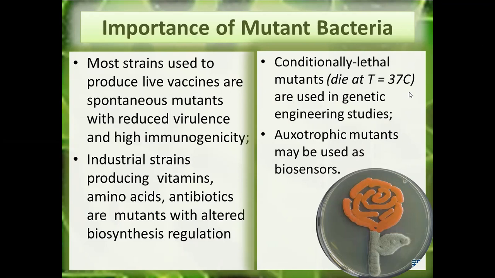Auxotrophic mutants may be used as biosensors. I think you remember from the topic of physiology of bacteria what auxotrophs are. Auxotrophs are bacteria which need some substances for their growth. And using the property of these mutants, we can detect the presence of some chemicals in clinical or environmental samples.